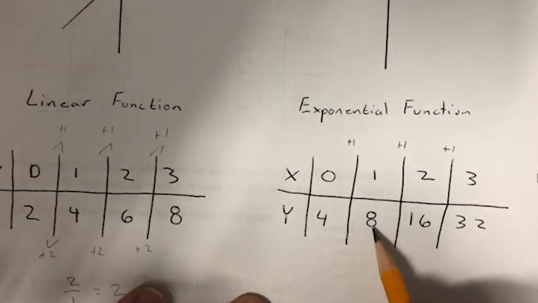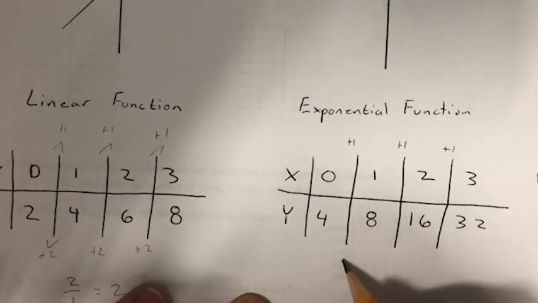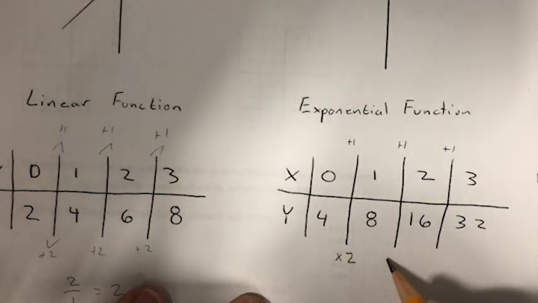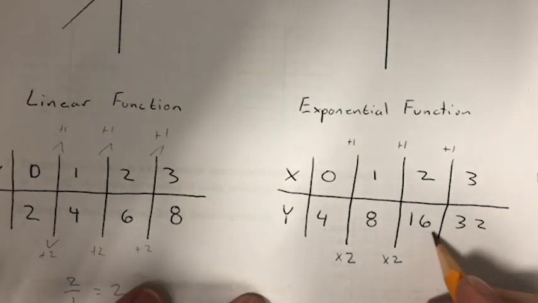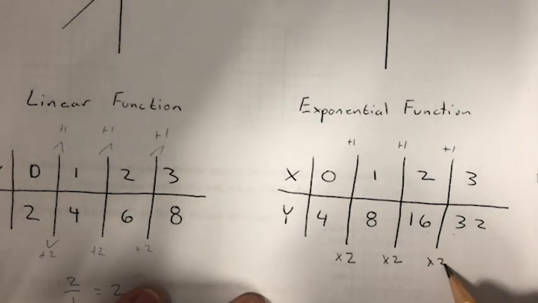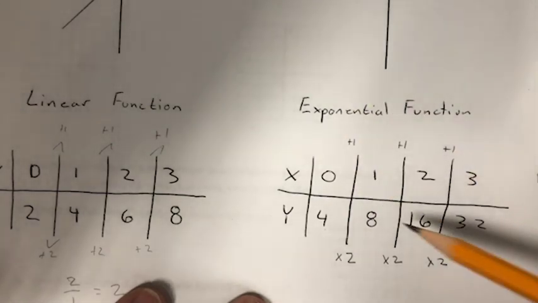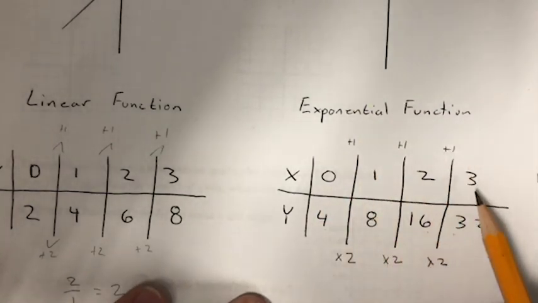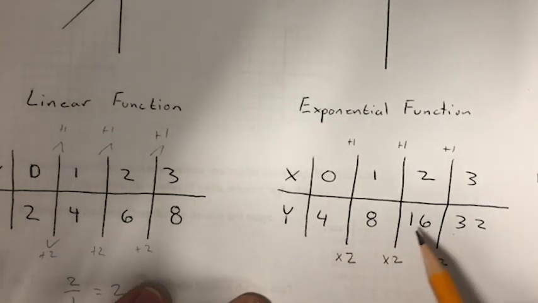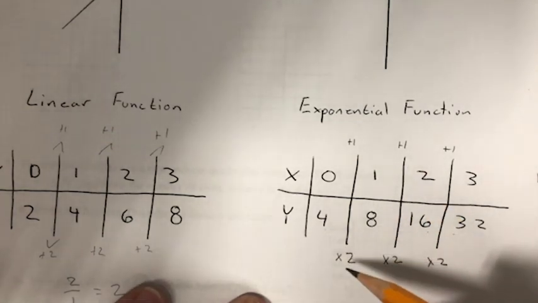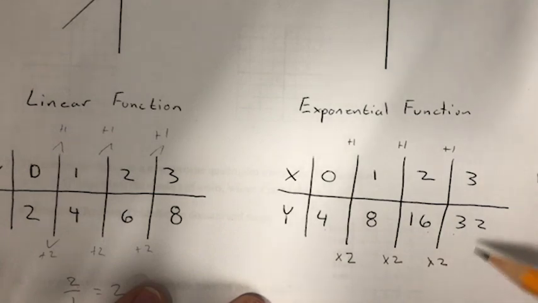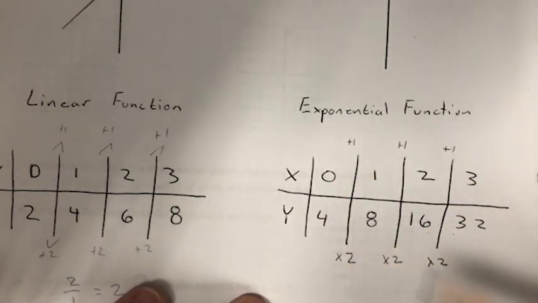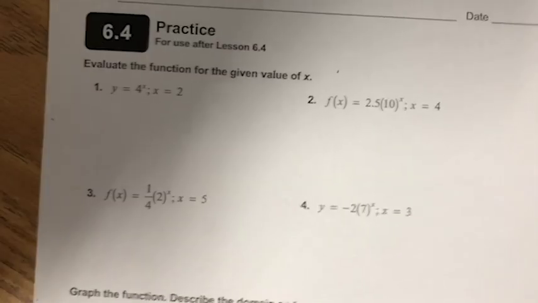Notice this, 4 to 8 is not just a plus 4, it's multiplied by 2. This to this is a multiplication by 2. So if you ever get a table where the x values are consistent with the pluses, but your y values aren't unless you do it with multiplication, this is when you see an exponential function. It's doubling.